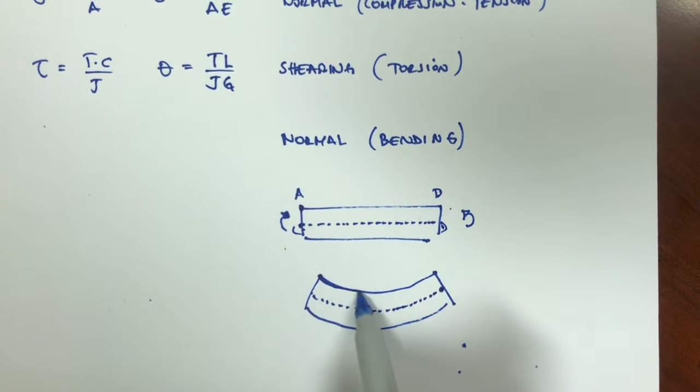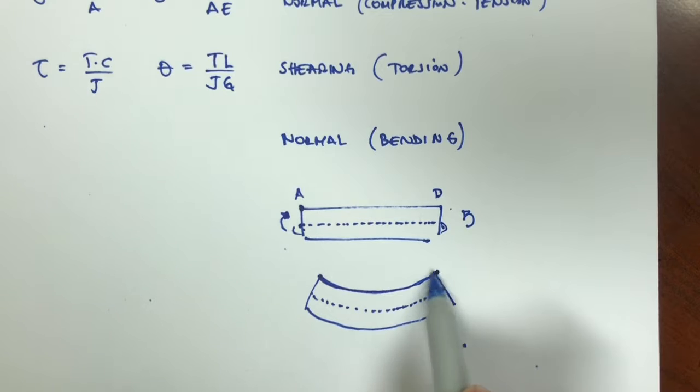It would be much shorter, so it's under compression. But the other side here, in this example at the bottom, would be stretched. Okay, and those are the stresses that we're interested in, either the top or the bottom one, because that's where the largest normal stresses are found.